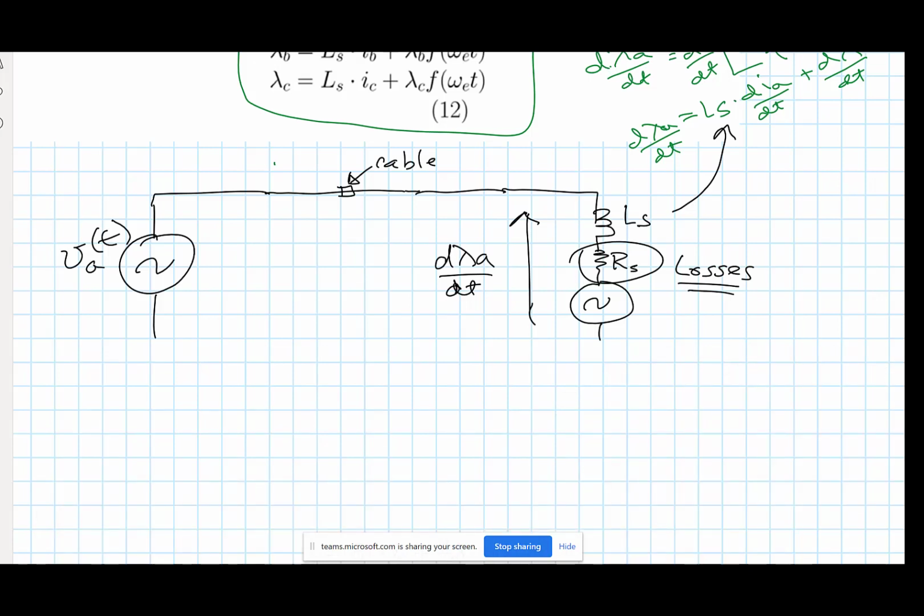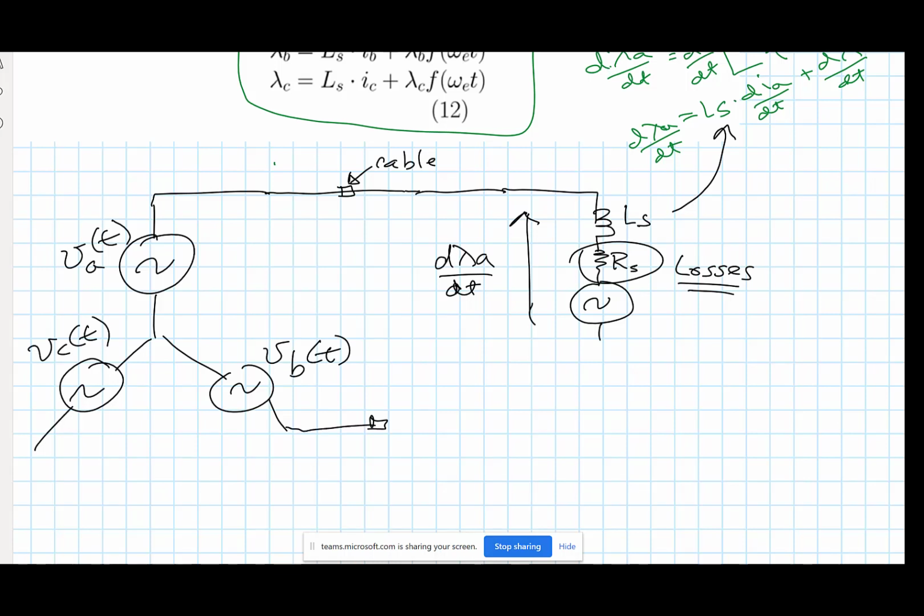So if I were to say I've got a three-phase source on the other end, so this is VB of t, this is VC of t, got some cable going to that. Talking about this voltage here for a moment, that's d lambda AF dt. We could also call it EAF of t.